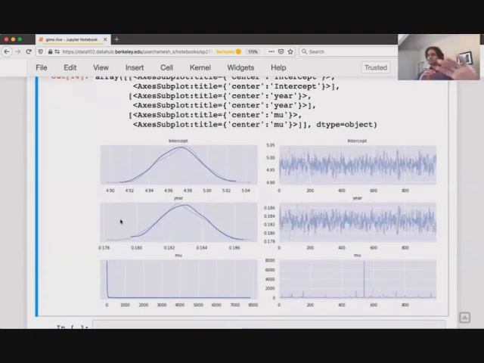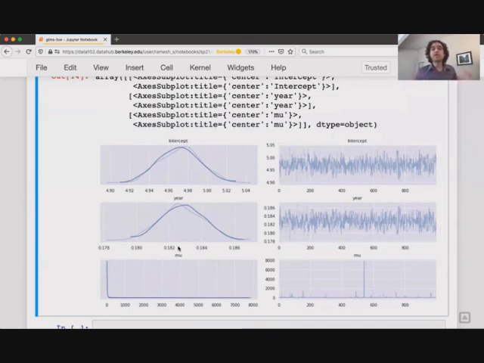If we just squint at it from far away, everything kind of looks the same: the intercept has this thing, and the year has this thing. But there's this mu, what's that? But there's something else that is really strange here. Let's look at the x-axis on this distribution over the year coefficient. It's way, way narrower.